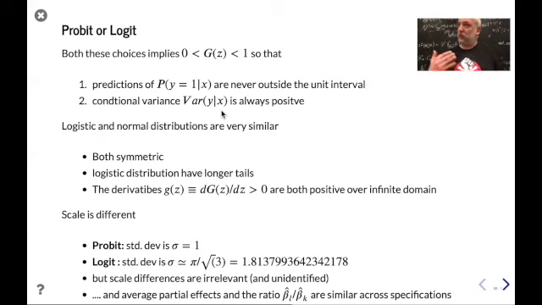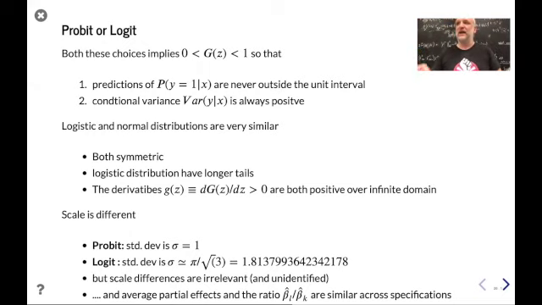So whatever x beta you put into these functions, it's going to result in probabilities between 0 and 1. Thereby, the conditional variances, the probability times 1 minus the probability, are also everywhere positive.